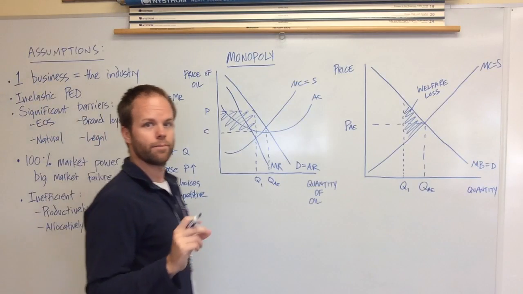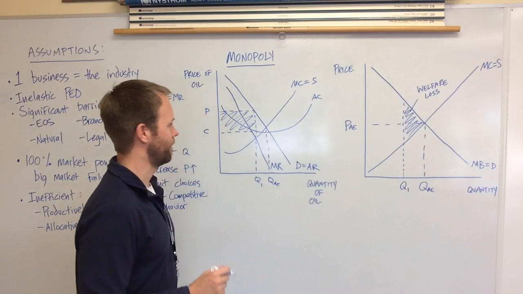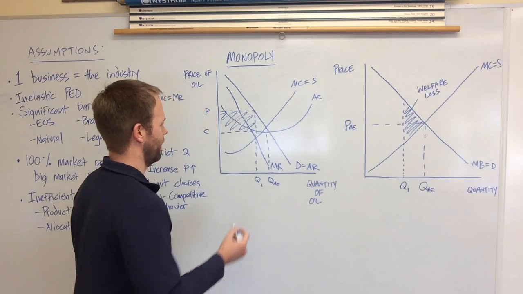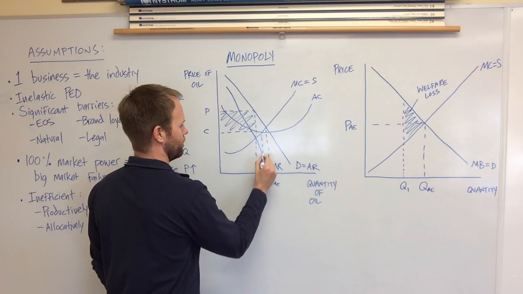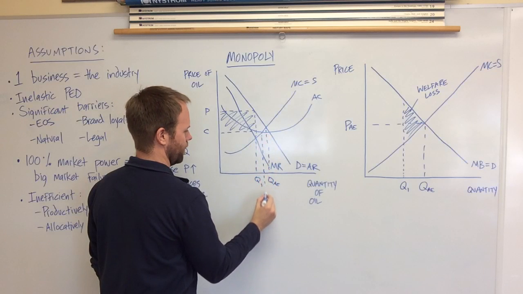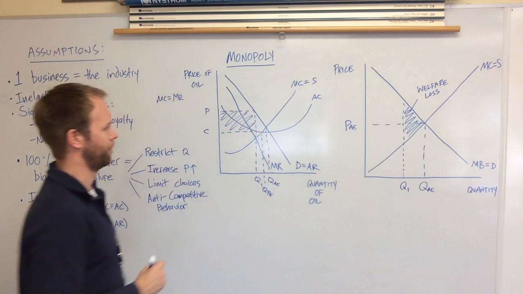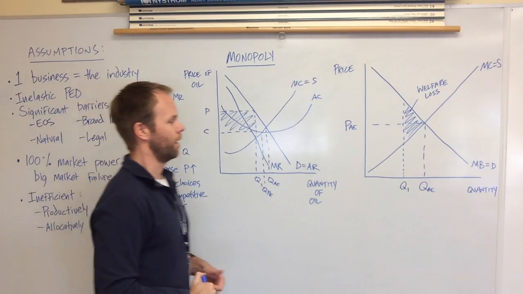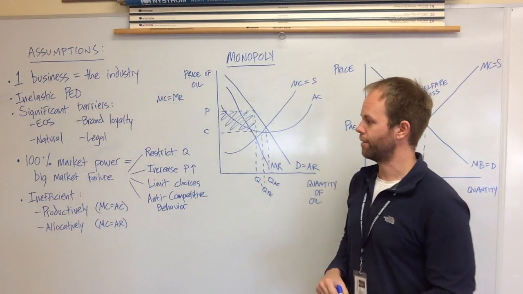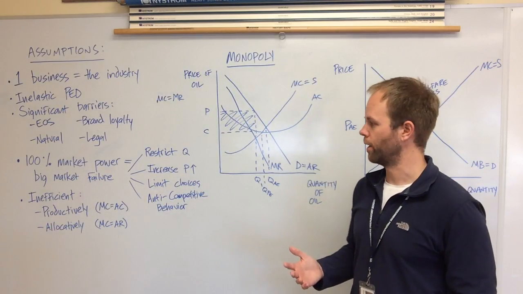They are also not productively efficient. In other words, they are not producing at the lowest point in their average cost curve, right? So this, we're just going to connect that down a little bit. They are not productively efficient either, okay? So, yeah, there's a lot of different forms of market failure going on here.